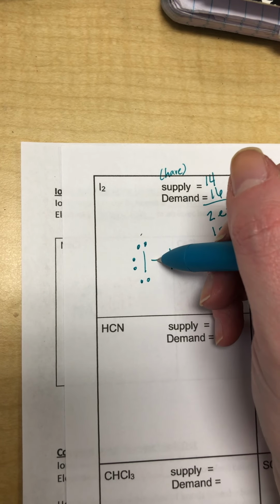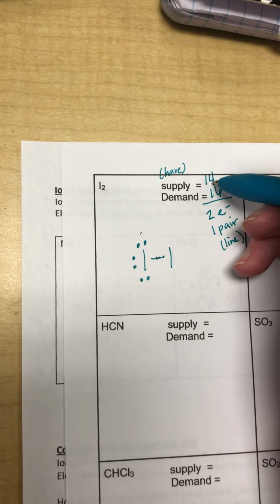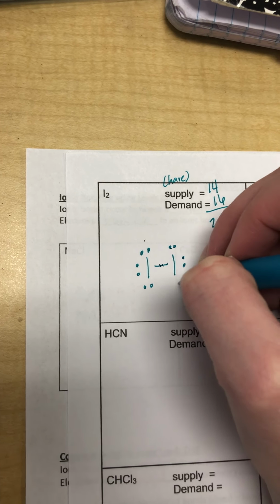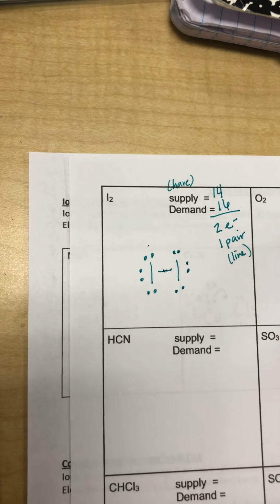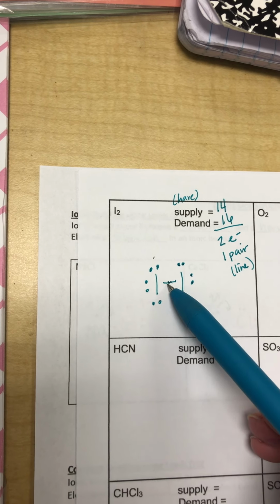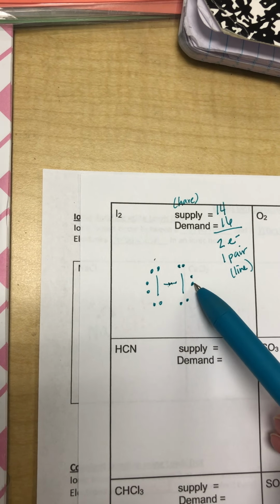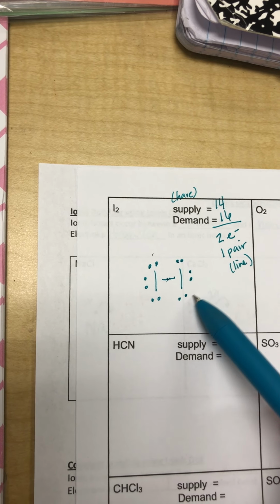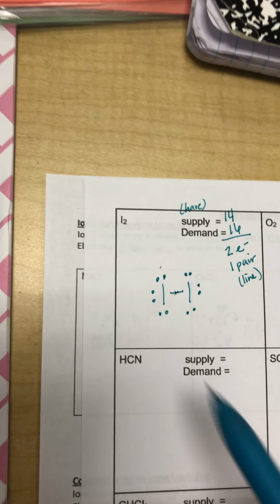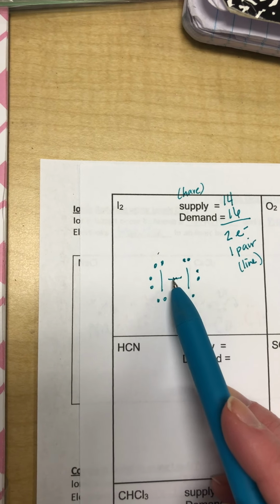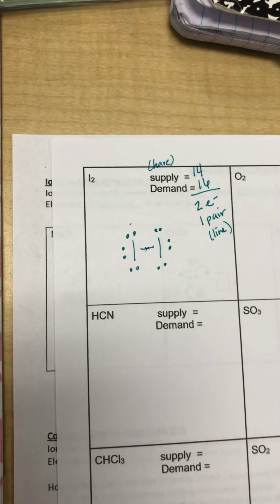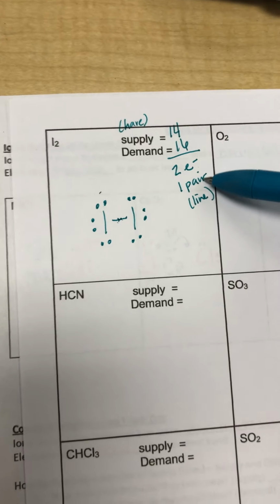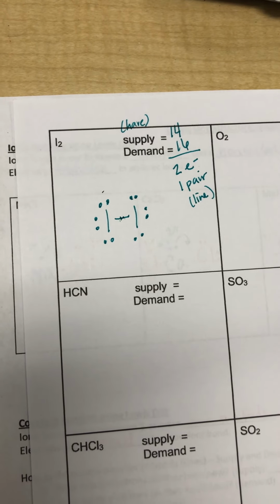And I have 2, 4, 6, 8 there, so I just need to get to 14. So there's my 14. Okay, so 2, 4, 6, 8, 10, 12, 14. Okay, and then each individual atom has its full 8, okay, because it's sharing these 2 electrons right here. So what your supply and demand is doing is it's basically telling you how many electrons you're gonna have to share, okay, or how many pairs you're gonna have to share.